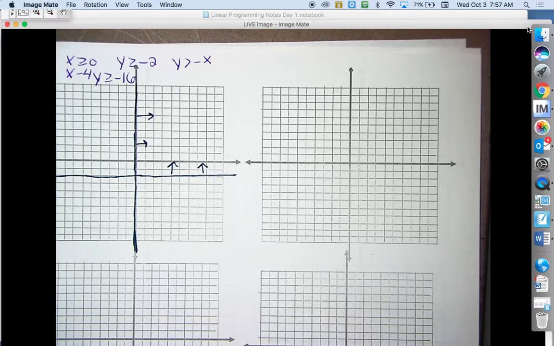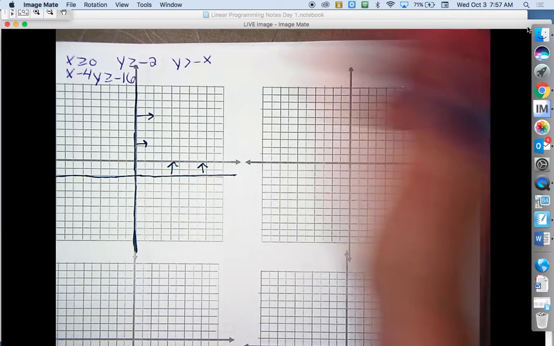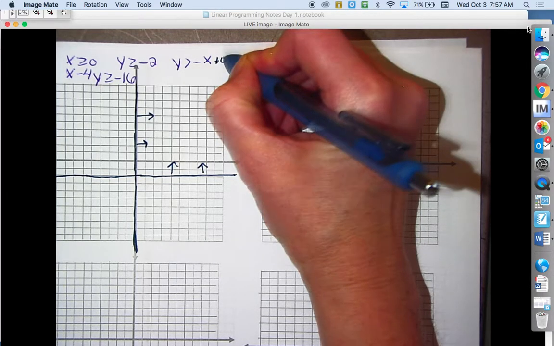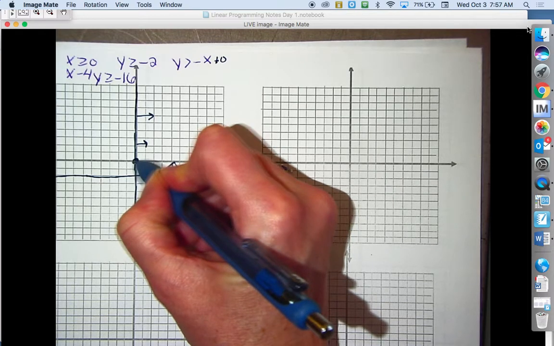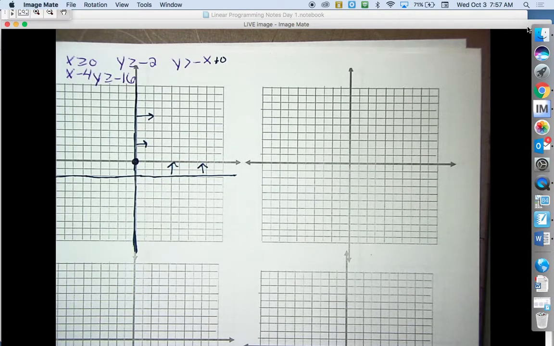The third line is y is greater than negative x. What's the y-intercept when you have that equation, y is greater than negative x? Abby? 0. So this graph starts at 0. And then, Abby, what's the slope? A negative 1. Y is greater than negative x has a slope of negative 1.